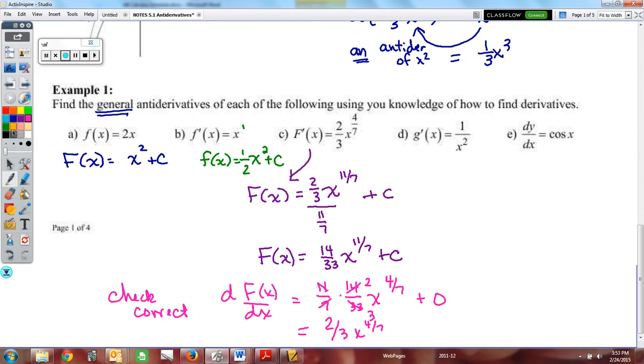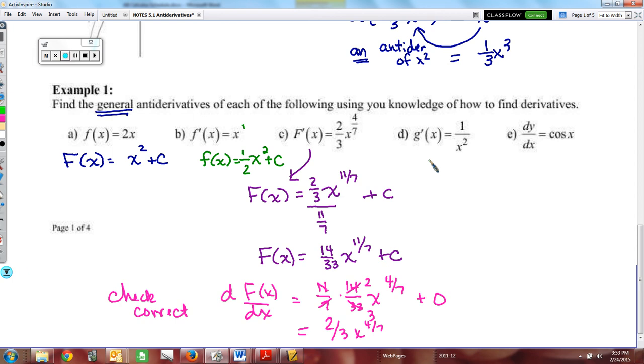When you are looking at your general cases, let's come over here to this g prime of x. The simplify early and often is going to come into play here, so I'm going to rewrite this before I even start as x to the -2.